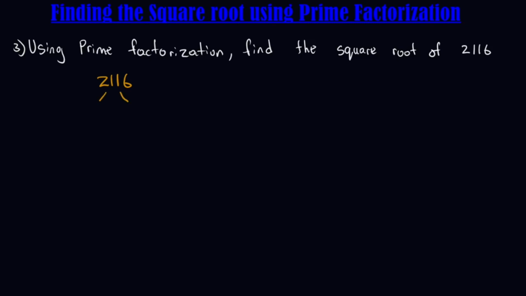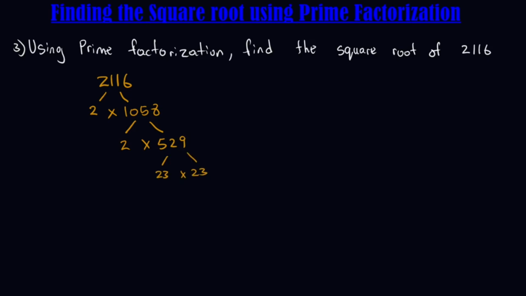So the lowest factor is 2. 2 into this will give us 1058. So our product is 2 times 1058. We can't break down the 2, but we can break the 1058 into 2 times 529. And then the 529 can be broken into 23 times 23.